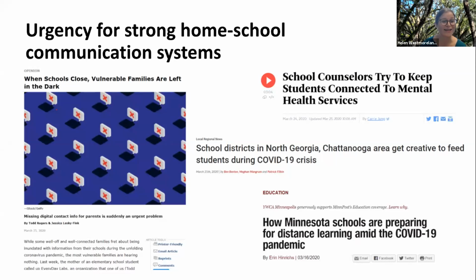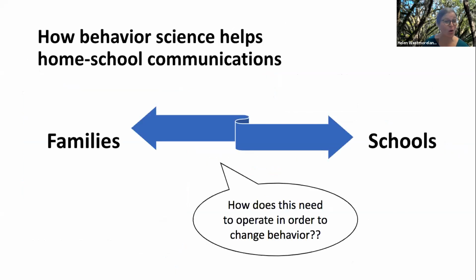All of these great ideas, however, need to reach families, as in families need to be able to know that those solutions exist, give feedback on how they're working, and support their kids to do them. If our home-school communications aren't designed with those end actors in mind, then we're going to be spinning our wheels without as much success.